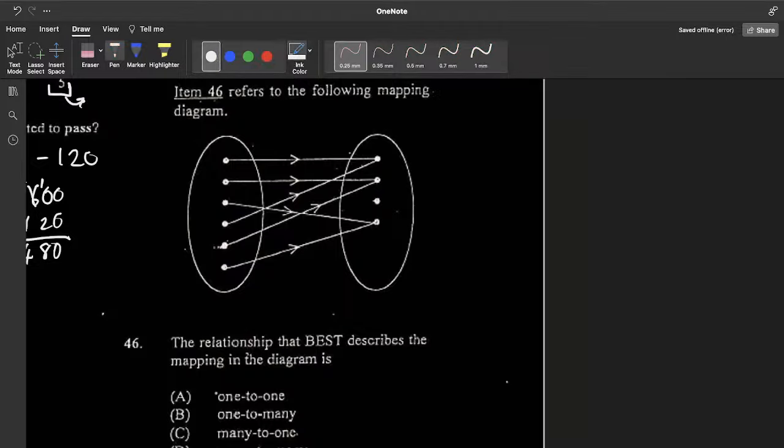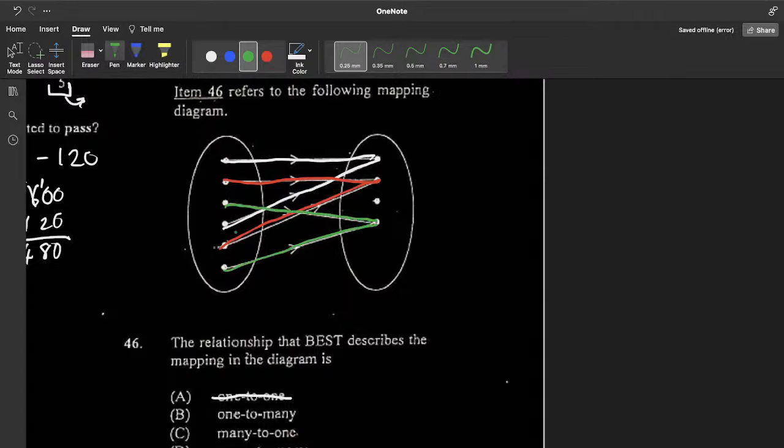So this one here, we know for sure is not a 1-to-1. So that's out for sure. Now, if you look at this, we have this going to this one here, this one going to this. We also have this going here, this going here, and we have this one going from here to here.